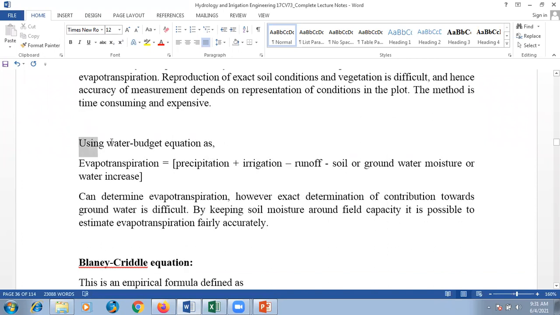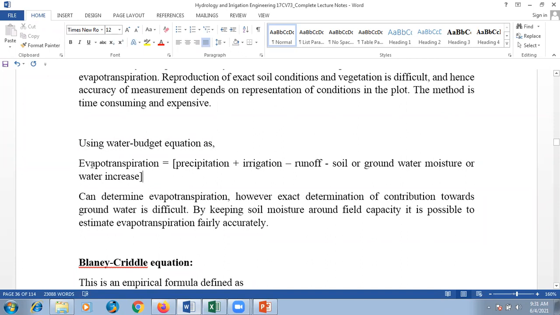The alternate method is by using the water budget equation. So what is this water budget equation? Already we have discussed the hydrologic cycle, and in that hydrologic cycle, we have also discussed abstractions or losses of precipitation.